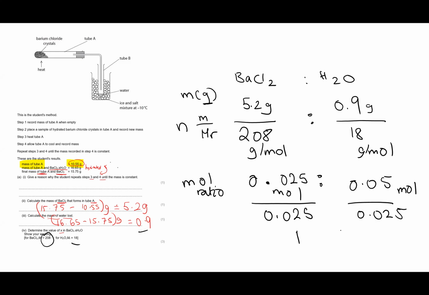So that would be 1 to 2. Now, this means that they are in the ratio of 1 to 2, which means for every barium chloride molecule, I have 2 molecules of H2O, and that is the empirical formula, or the formula for this hydrated compound.